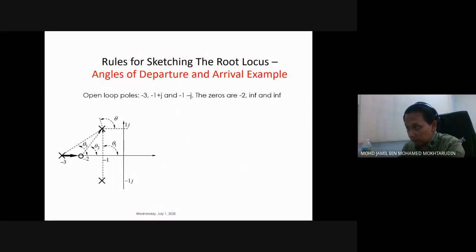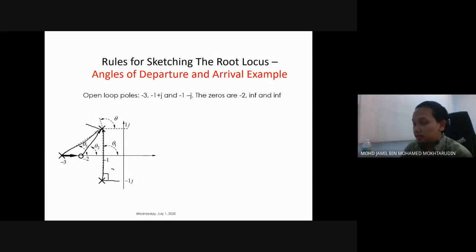To determine theta here, first you need to draw lines that connect the poles and zero to the pole whose angle you are trying to calculate. So we want to calculate the angle of this pole. First you connect the lines from this pole to this pole, from this zero to this pole, and from this pole to this pole. And then you determine the angle of each of the lines.